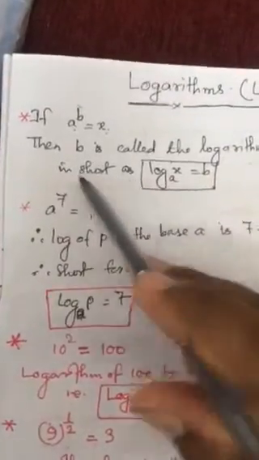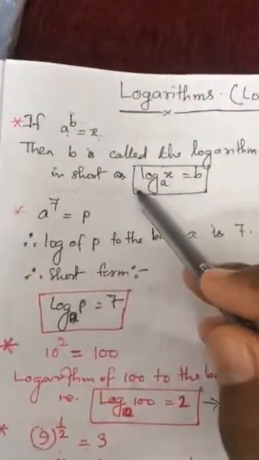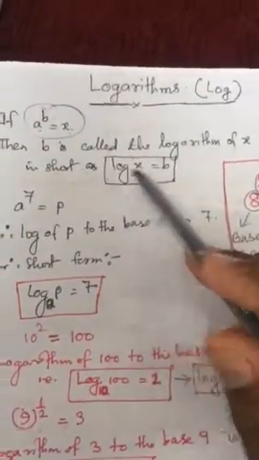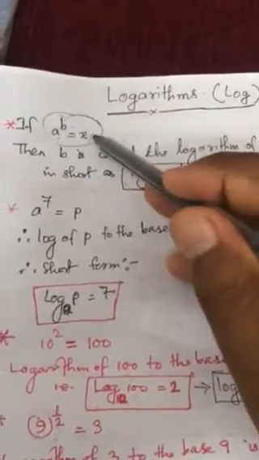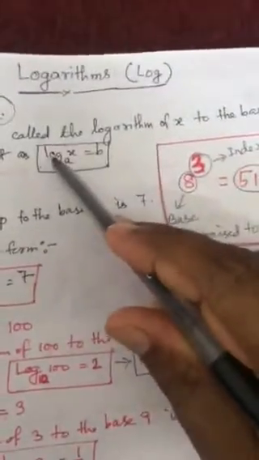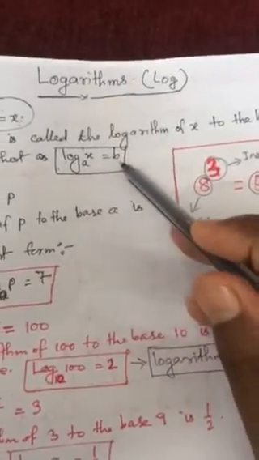In short form, or logarithmic notation, you can write this as log of x to the base a is b.